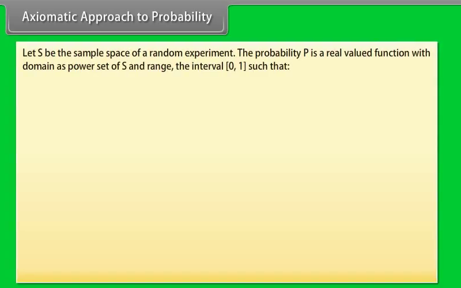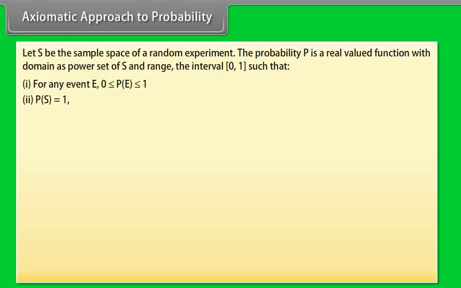Axiomatic approach to probability. Let S be the sample space of a random experiment. The probability P is a real-valued function with domain as the power set of S and range the interval [0, 1], such that: 1. For any event E, 0 is less than or equal to P(E) is less than or equal to 1. 2. P(S) is equal to 1.